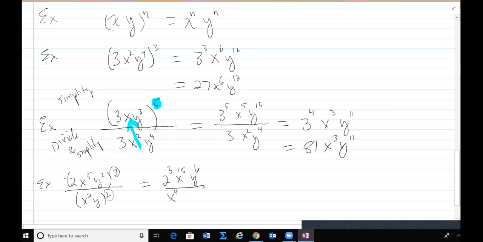That was a 4, got a little sloppy there. 4 and y to the 2nd. Now we can do our divisions. 2 to the 3rd we'll write as an 8. 15 powers of x over 4 gives 11. And y to the 6th over y squared makes y to the 4th by subtracting those exponents. And that's how we would leave our answer.